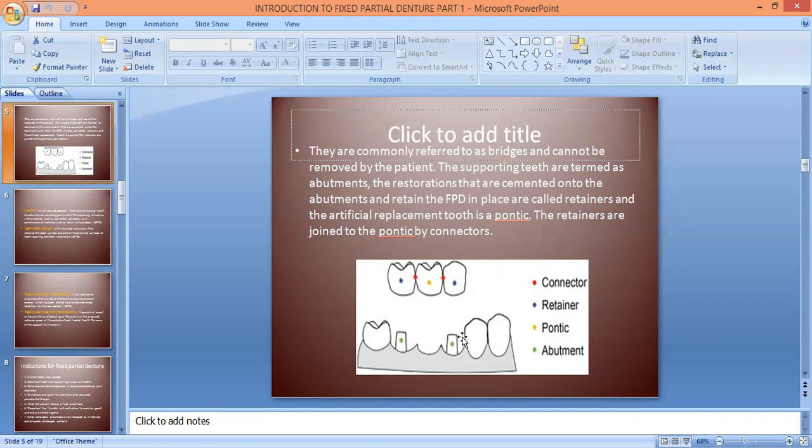The tooth that gives support is the abutment. The crown that you give on it is a retainer. And the artificial tooth that you replace is the pontic. So the center one is the pontic, the adjacent ones are the retainers, and the tooth that gives support is the abutment. The joint between the retainer and the pontic is called the connector.